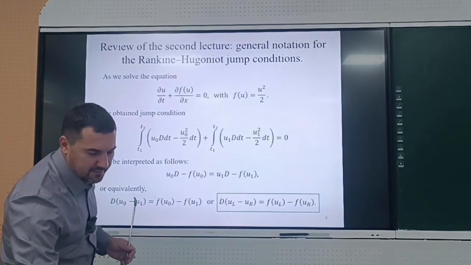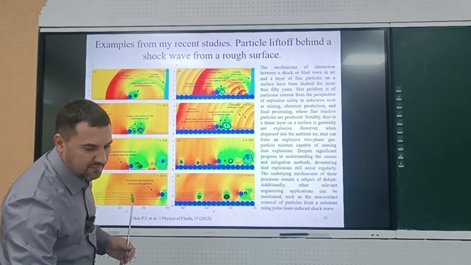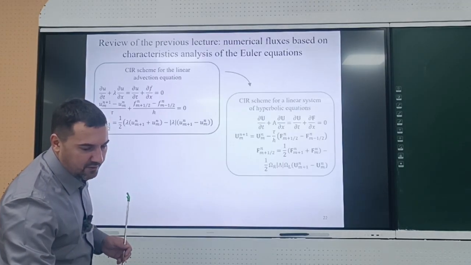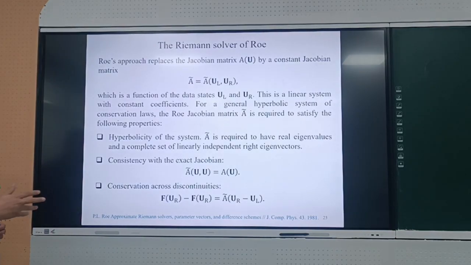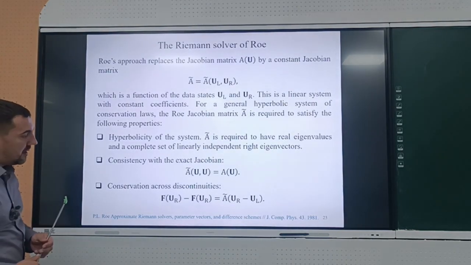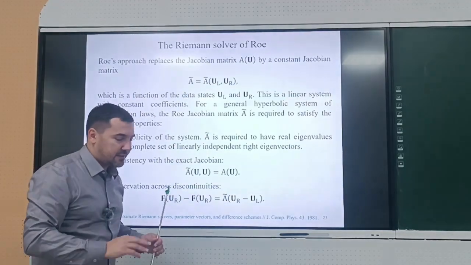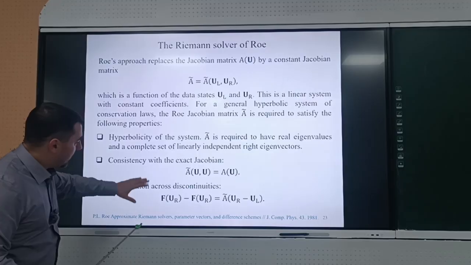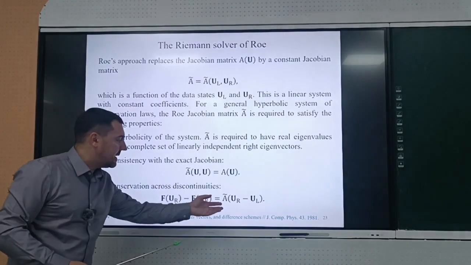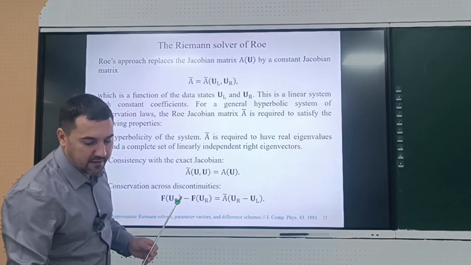That is why it is sometimes called the Roe numerical scheme. It transmits all waves as shock waves. Actually, that's not true, but nevertheless, there are some reasons for that. Following these three requirements, it's possible to find the components of this matrix A.